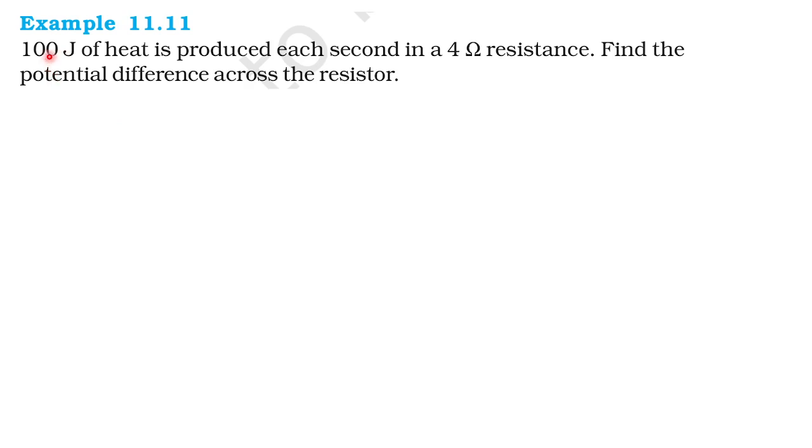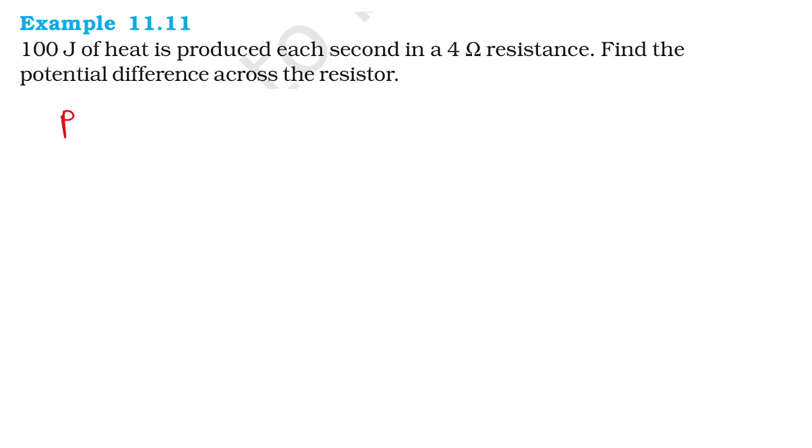The question is, let me read it. 100 joules of heat is produced in each second. What is the meaning? In 1 second, this much heat is developed. Maybe heater or iron box or bulb, whatever. In 1 second, this much heat energy is produced.